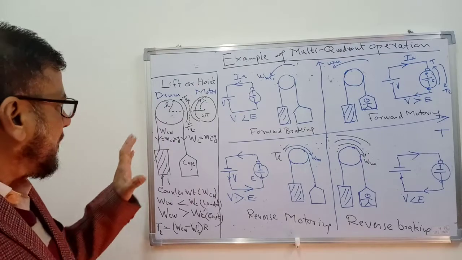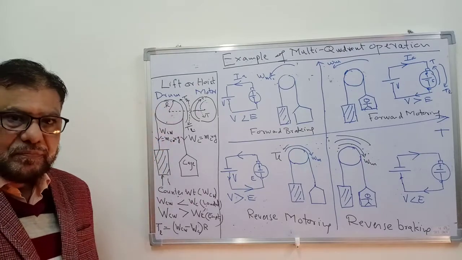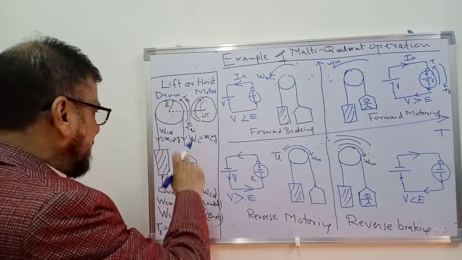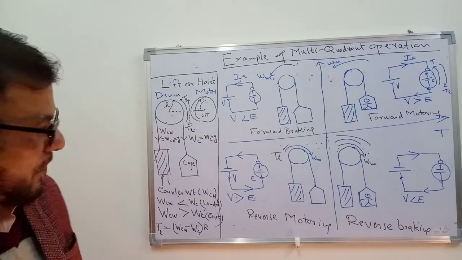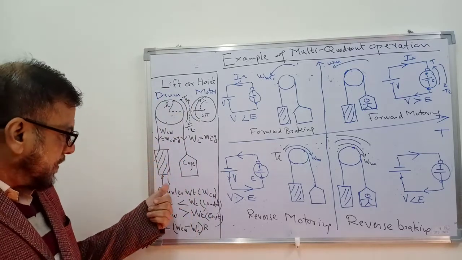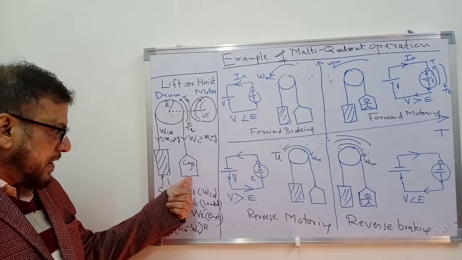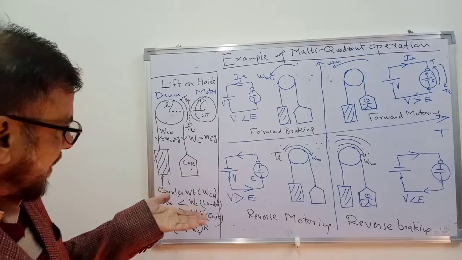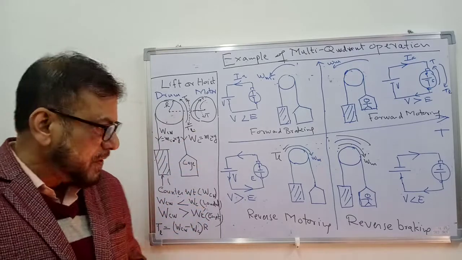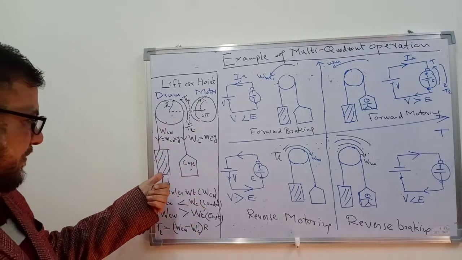The example I have taken is that of a lift or a hoist. A lift consists of a drum over which some belt or some rope is wound. On one side of the rope, the cage is there in which the persons or the goods are to be moved, and on the other side we have a counterweight.